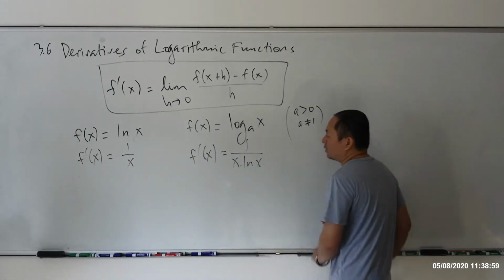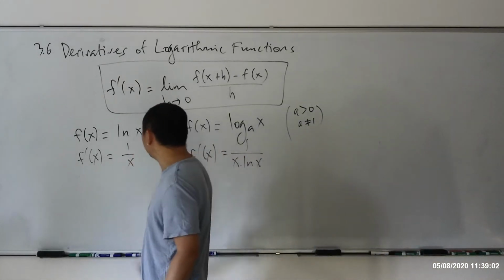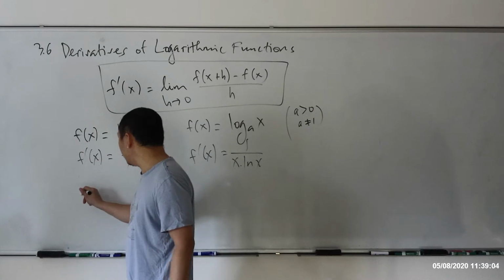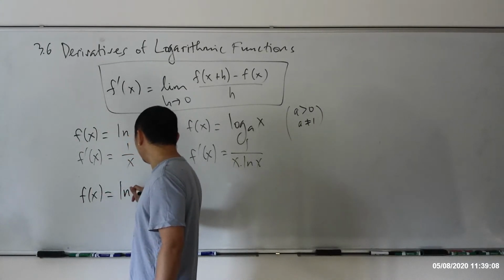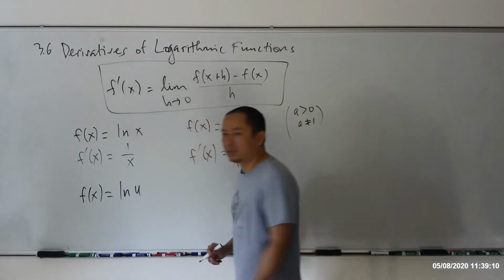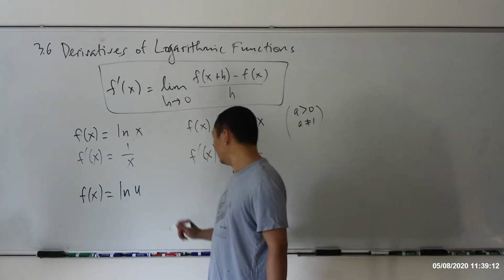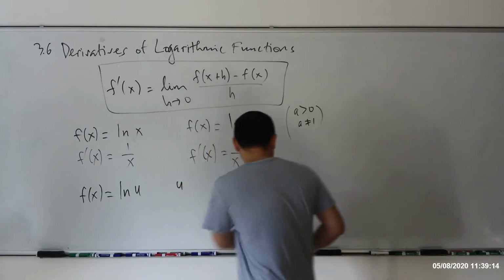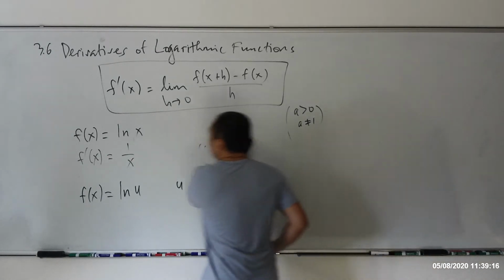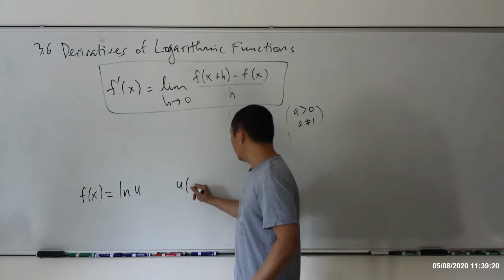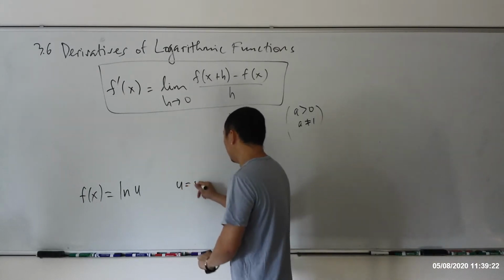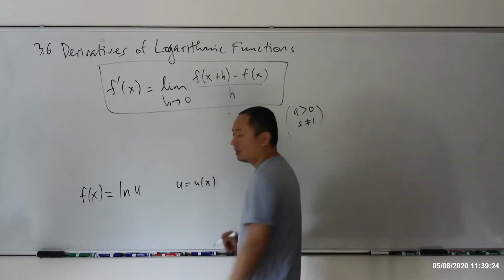Now, let's talk about the chain rule. What if, instead of ln of x, you have f of x equal to ln of u, where u is a function of x? u here is not a variable, it just means u is like u of x, a function of x.